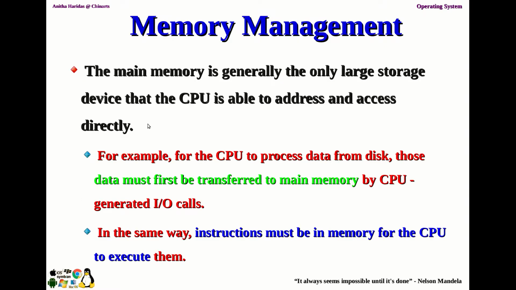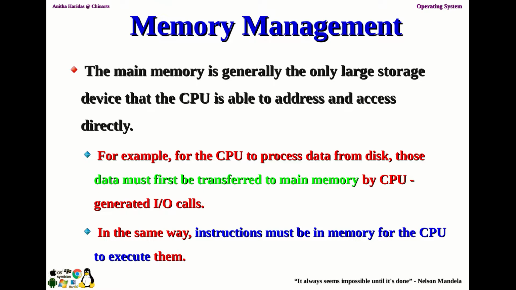Not only that, the main memory is generally the only large storage device that the CPU is able to address and access directly. Why? Because the CPU cannot write any data to the input-output device, or read any data directly from the input-output device. Whatever data it needs to read or write, it has to do through the main memory.